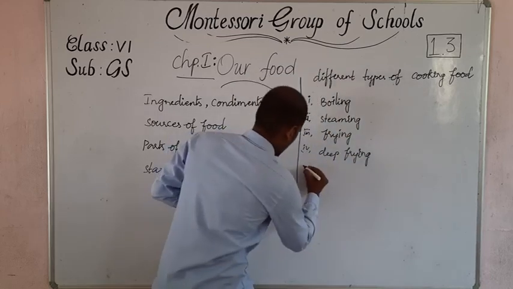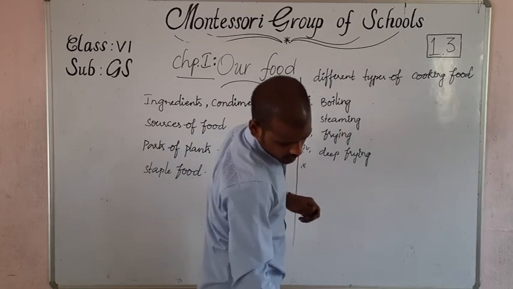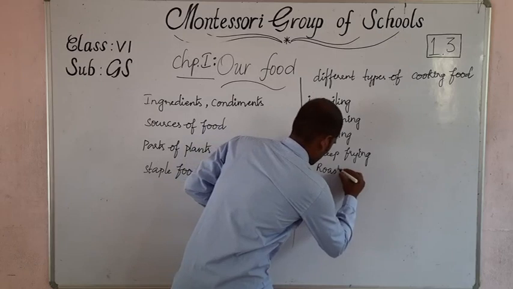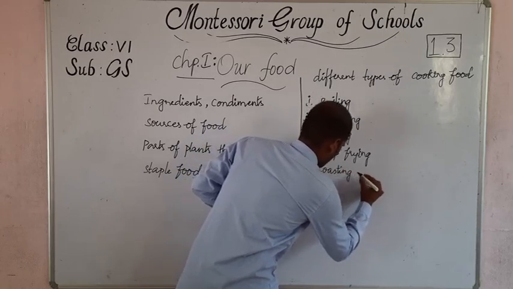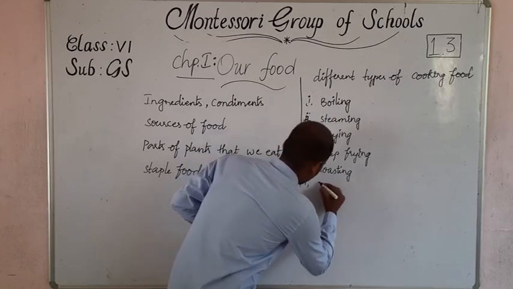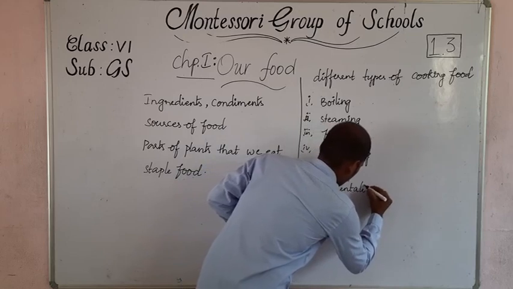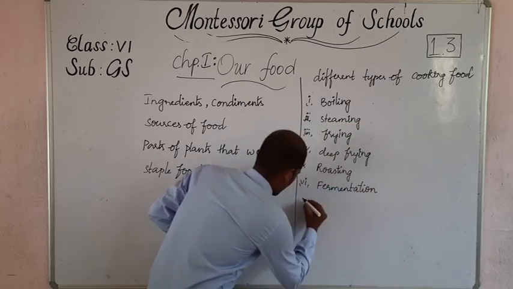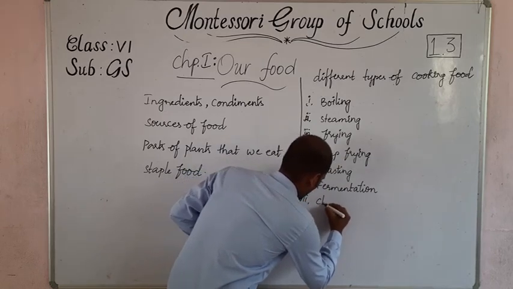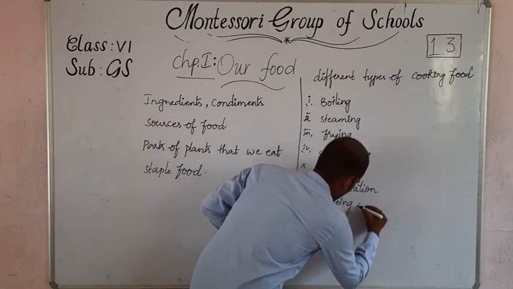And the next one is roasting. And the sixth one, fermentation. And the seventh one, chopping and mixing.